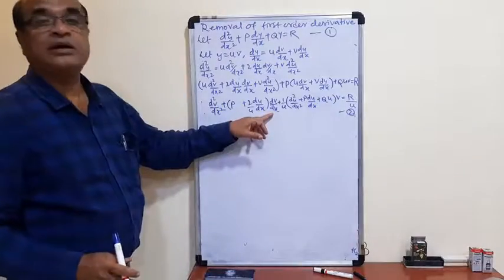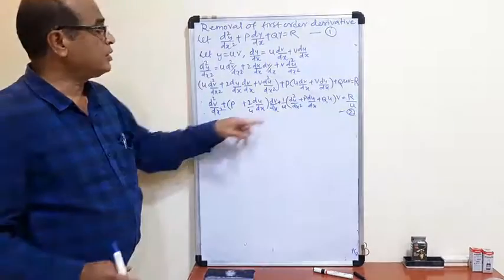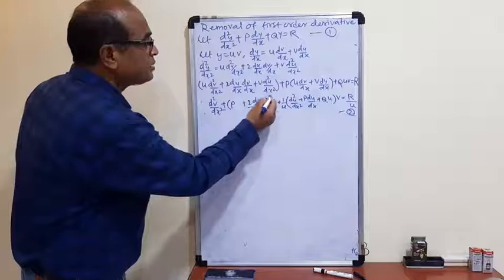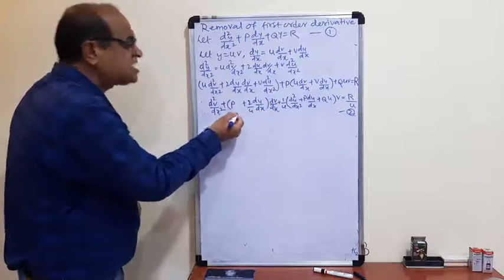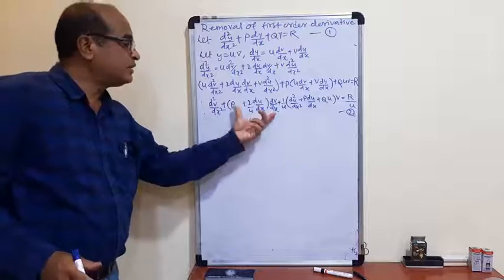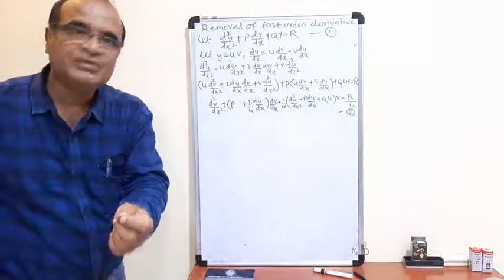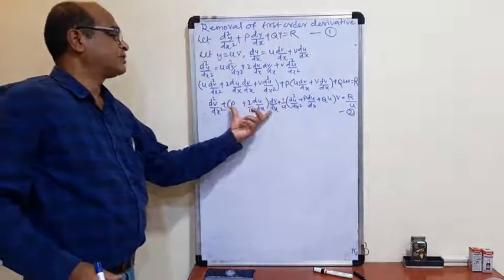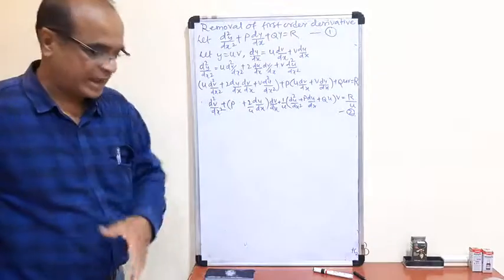So for removing the first order derivative, the coefficient of dv by dx must be 0. If this is 0, then automatically this term gets cancelled, means the first derivative is removed here.